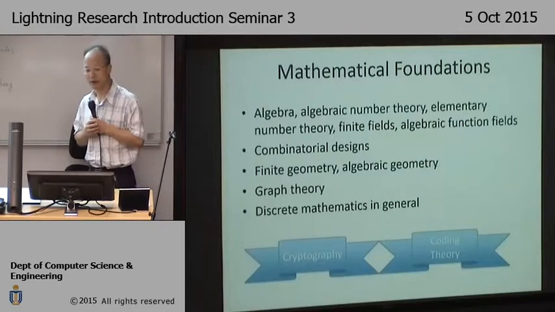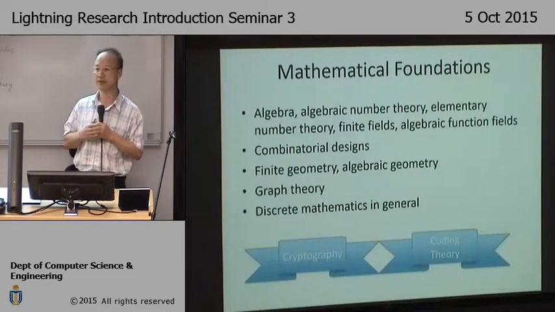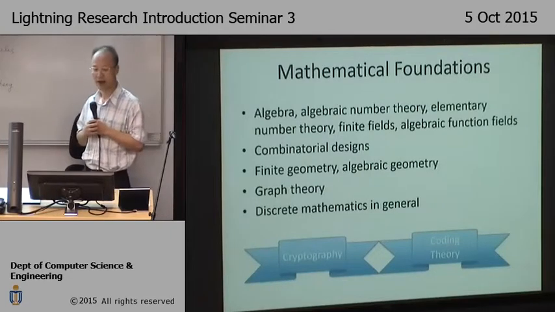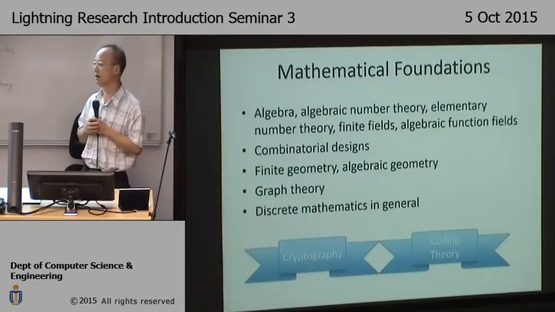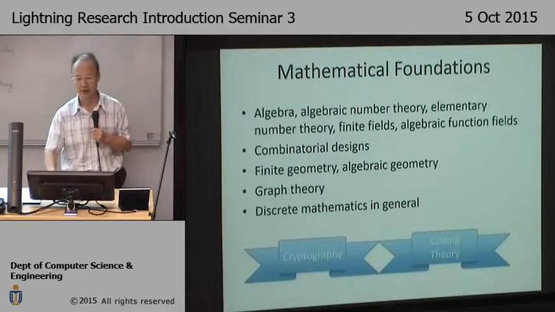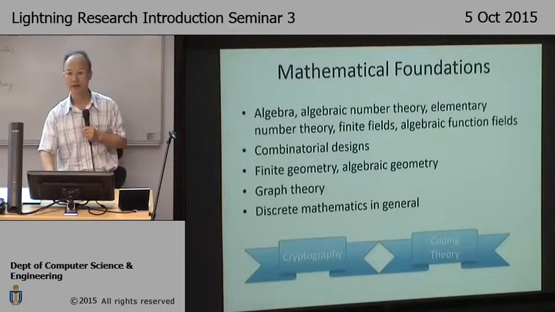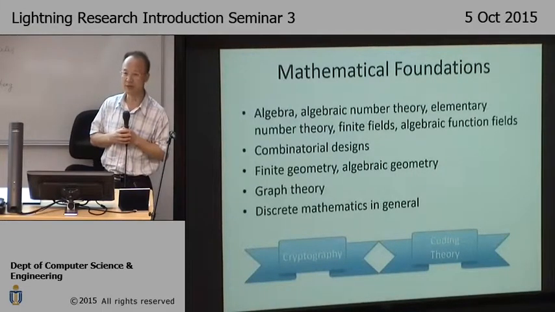Cryptography and coding theory are really my two major research areas. But in both areas, we need mathematical tools. So sometimes I worked on mathematical foundations of these two areas. Because sometimes we need algebra, sometimes we need number theory, and sometimes we need some tools in combinatorics.